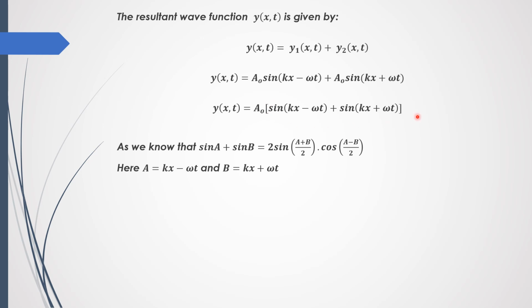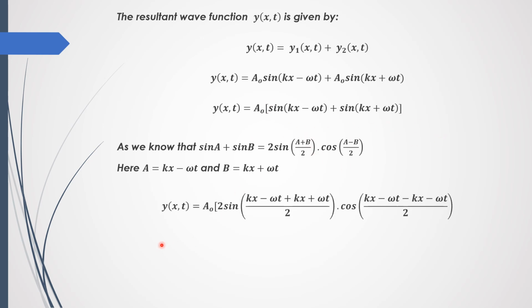So we expand this term using this formula. y(x,t) = a0 [2 sin((kx - ωt + kx + ωt)/2) cos((kx - ωt - kx - ωt)/2)], where we multiply the negative with the bracket, giving minus plus minus, so this is (A-B)/2. Or we can further write it as this ωt will cancel, and this kx will cancel. y(x,t) = 2a0 [sin(2kx/2) cos(-2ωt/2)]. So this 2 and this 2 will cancel.